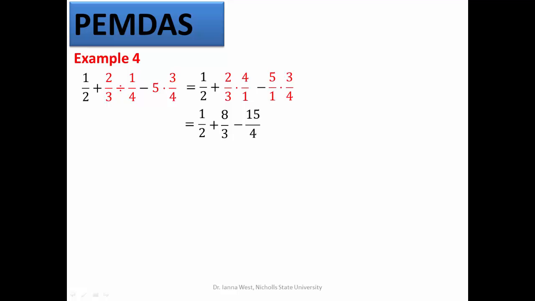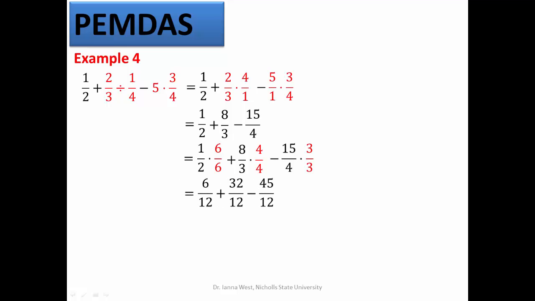Therefore, in order to get a common denominator, we will multiply 1/2 times 6/6, 8/3 times 4/4, and 15/4 times 3/3. We will now perform the operation of multiplication on all three products, giving us 6/12 plus 32/12 minus 45/12.